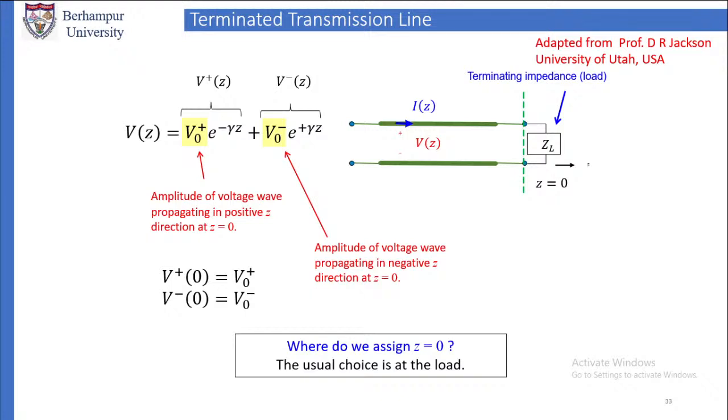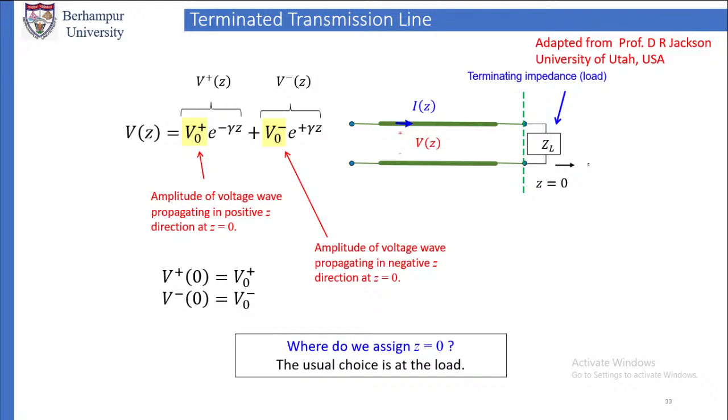Now let us consider that it is terminated in an impedance, called the load impedance. The transmission line is terminated, or we call the transmission line loaded. Since it is loaded with an impedance, it is called the load impedance.